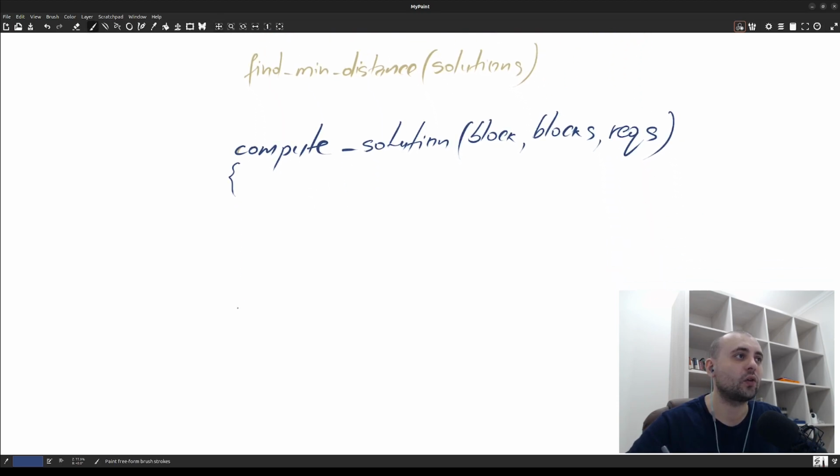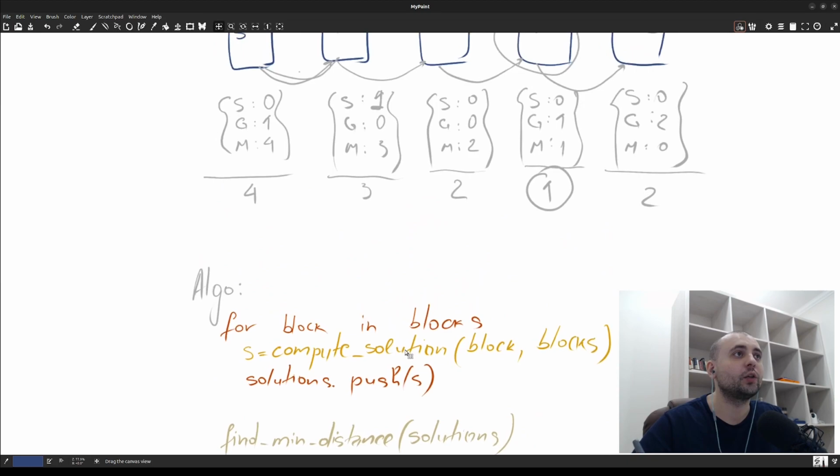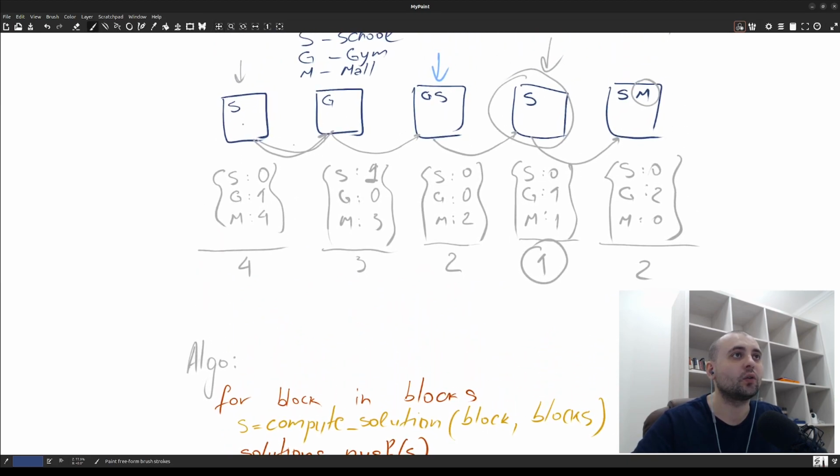So now let's try to implement it. So what exactly do we need to do? I guess the solution for our block will be formed by what we actually did here. We traversed on the right side and possibly on the left side.